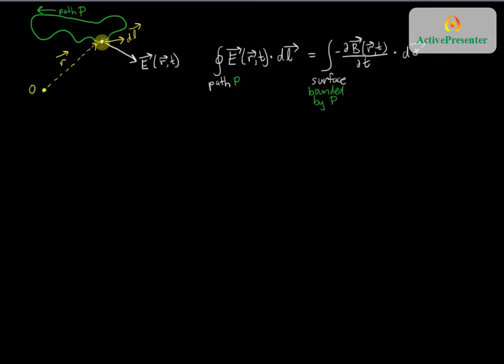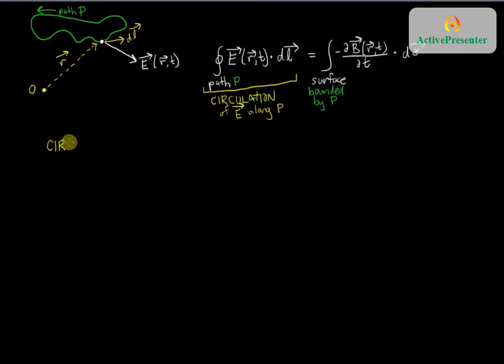So that just allows you to picture what E dot dl means. You have a path, you have an electric field, and it has a dot product along the direction of the path. You sum it all up. We have a name for that. This quantity here, the integrated E dot dl along an entire path, that's called the circulation of E along path P. And we can actually write out a statement about that.